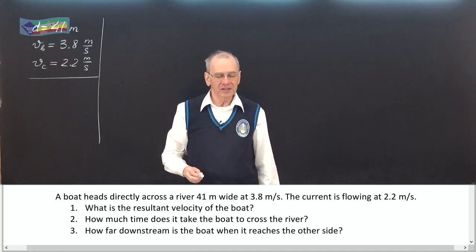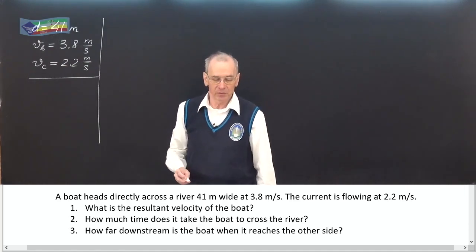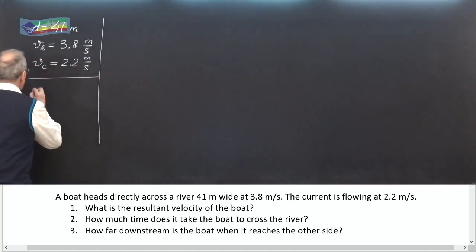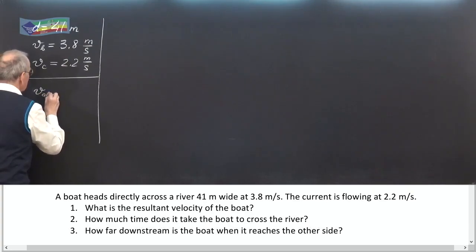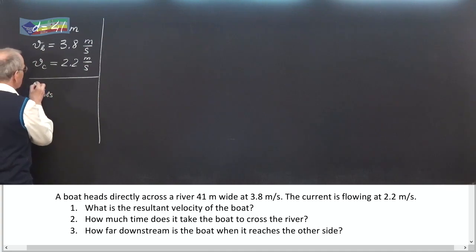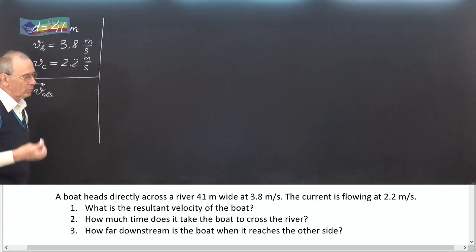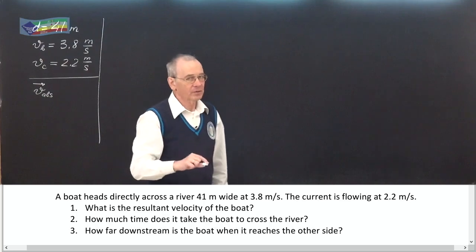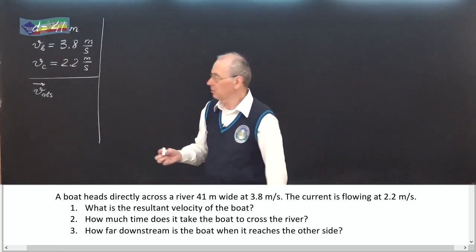What is the resultant velocity of the boat? Let's write it as V absolute velocity. So we should find both magnitude and direction of this vector.